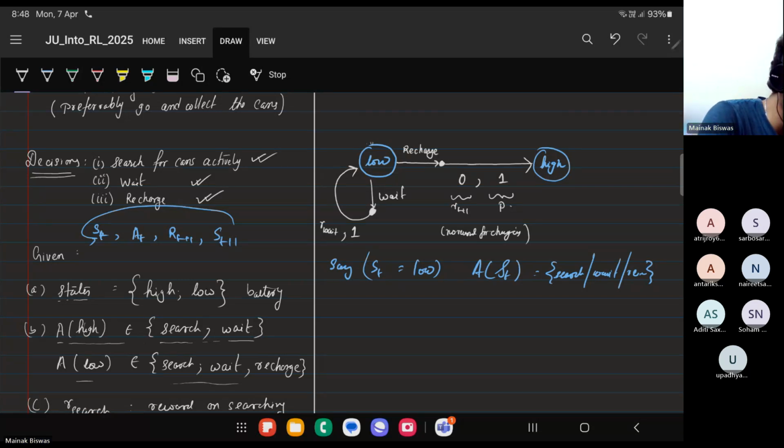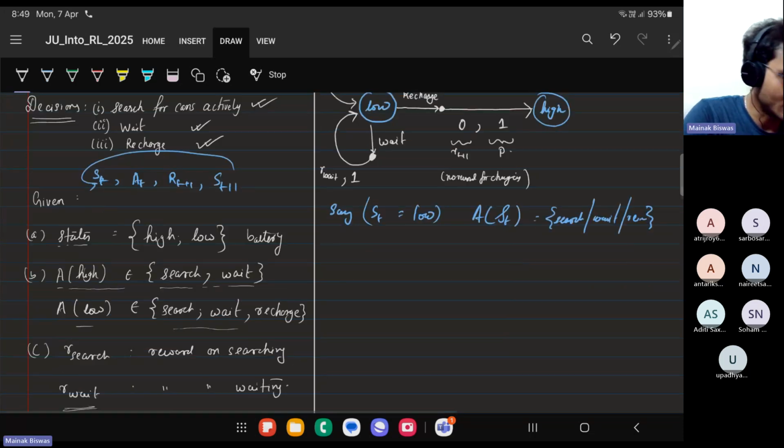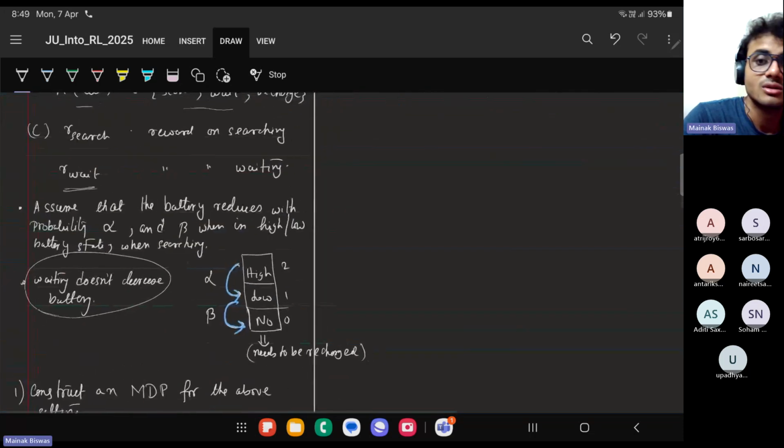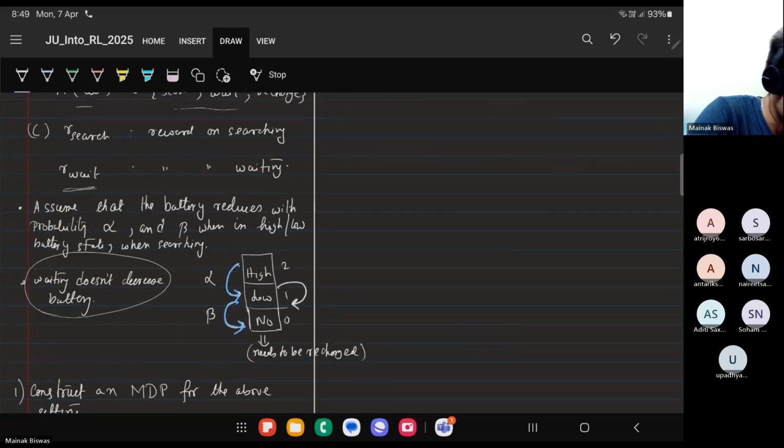Fine. So next is I search. If I search, there are 3 actions I can take. What is the probability that I don't decrease in charge? What is the probability of staying back in low? 1 minus beta.